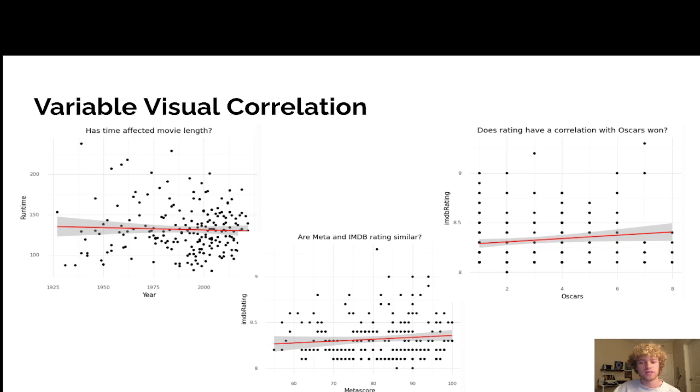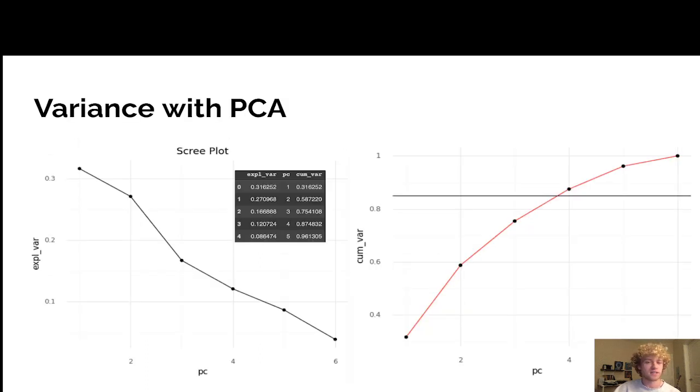And as you can see, there are very small trends in the data, such as time and movie length has a slight negative trend, and Meta and IMDb rating trend very slightly upwards together. There is no one solid correlation, which does bode poorly for our model. We could predict that it's probably not going to do super well. And as you can see, it kind of does that.